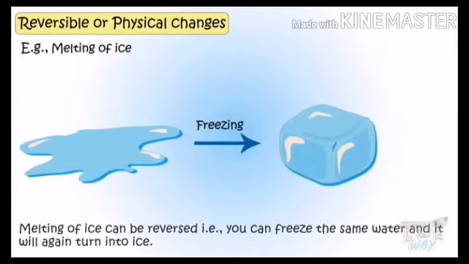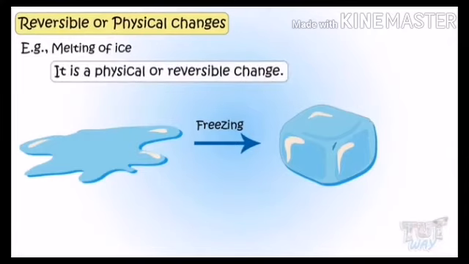We can freeze the liquid, that is the same water, and it will again turn into ice, that is a solid form. So we can say it is a physical or reversible change. We can understand ice is water and liquid form is also water. This means that no new substance is formed. No new substance is formed in a physical change.